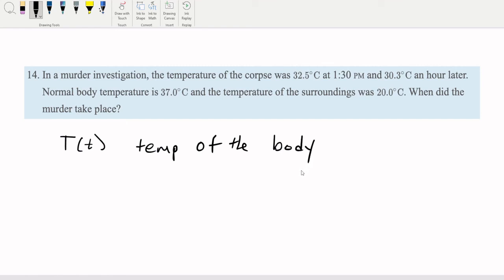Now, here's the thing. We have to talk about what little t is going to be. What's our frame of reference for little t? We've got some times here, 1:30 p.m. But we could fix t equals 0 anywhere we want, really.